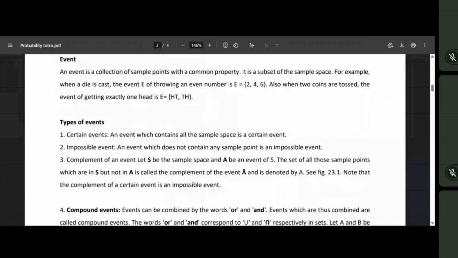So for instance, you are tossing a coin which has only head and tail, and I ask you what's the probability of getting a 6. You toss a coin, we are not expecting 6, so it's an impossible event. Or you toss a Ludo die, and you are asked what's the probability of getting a head or tail. That must be 0 because in tossing a Ludo die, we are not expecting a head, neither are we expecting a tail.